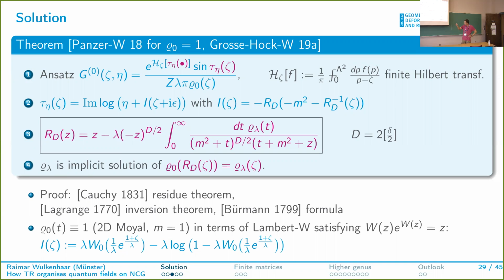So now we close everything. We guess, or whatever, that rho lambda is the solution of this equation. So rho naught of RD of theta is rho lambda of theta. The miracle is that the proof is similar to what we did with Eric.